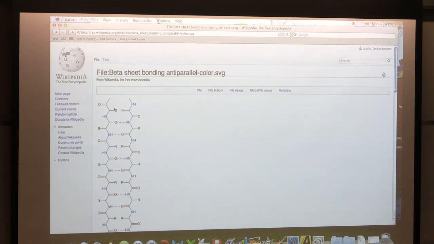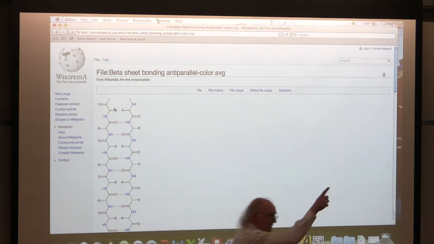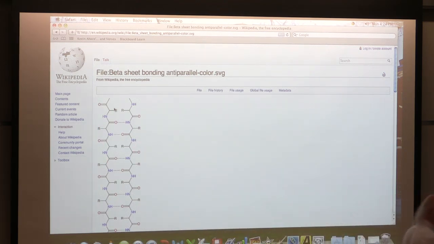Most proteins will have some regions that are alpha helices and other regions that are beta strands. And the difference will be that some amino acid sequences will favor the coil and some sequences will favor the bends. Okay?